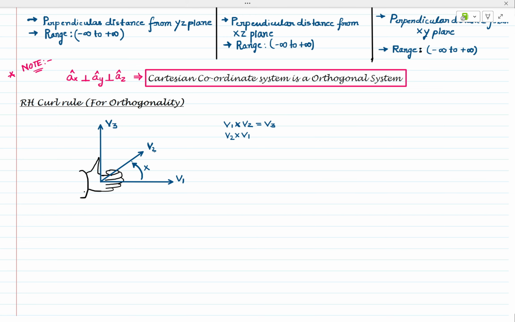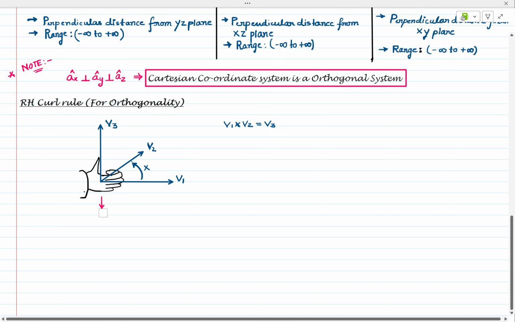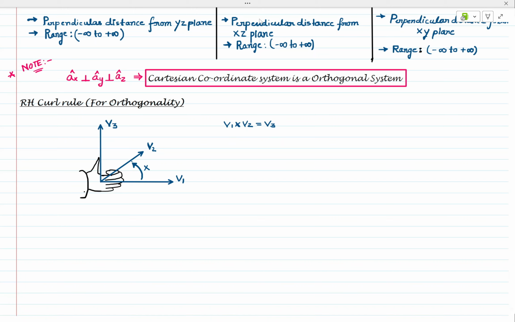You will see your thumb directed in the downward direction. Then your resultant will be minus V3. I'm not writing this here, but this is the basic vector cross product rule, given by the right hand curl rule.